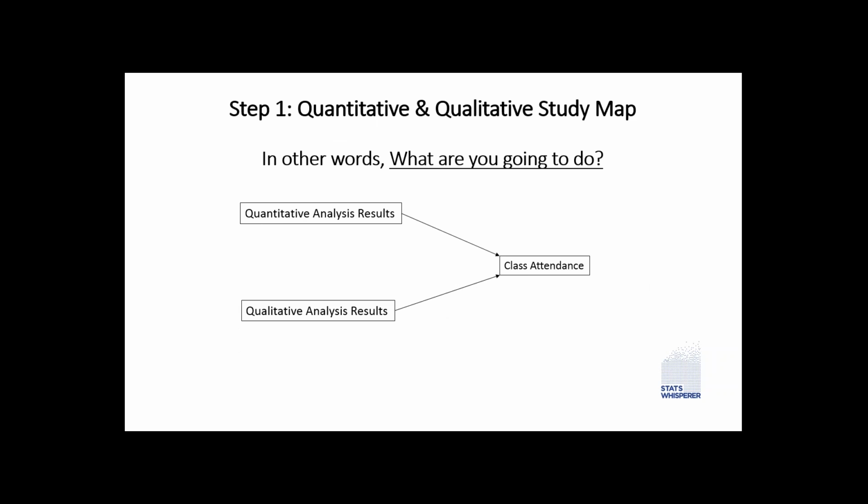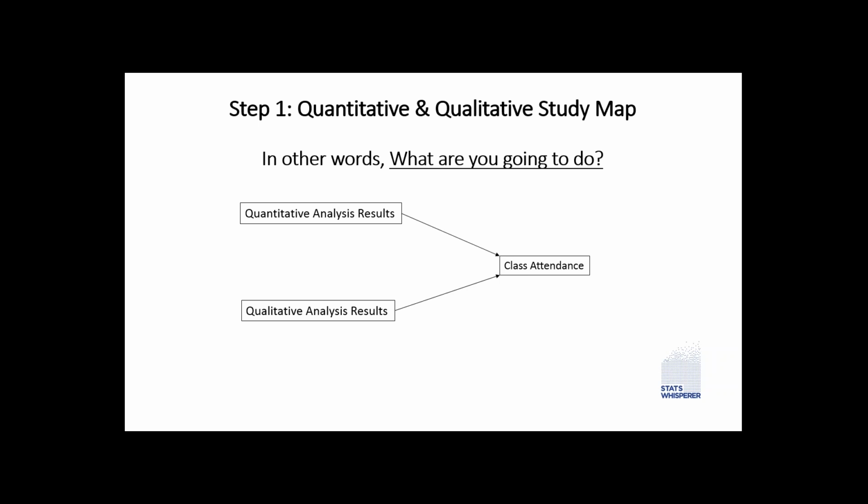So step 1. This is a general representation of what we're going to do. The study map tells us what we are going to do, and it's general because you could list the quantitative and qualitative variables individually, with arrows to the dependent variable, but for our purposes here, we'll keep it more general, which is fine too, because we have the other 2 study maps that do that.